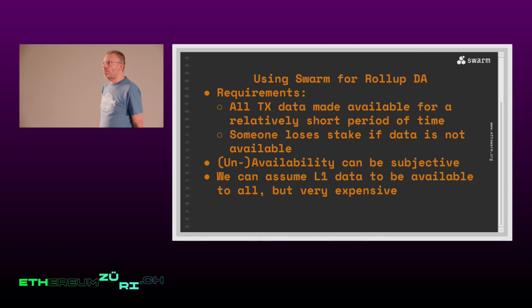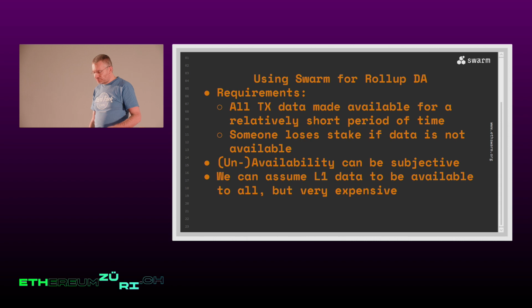So what we came up with is that we can assume that layer 1 data, so what's on the blockchain, is available to all, but it's very expensive. So basically, you want to use that only as a last resort.